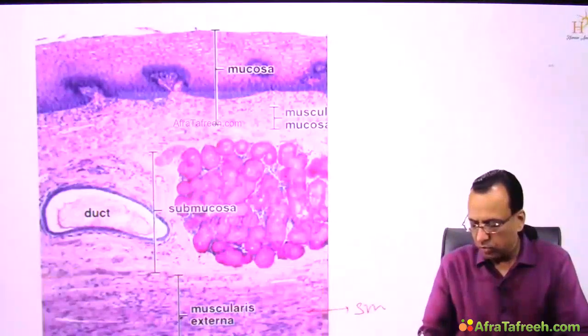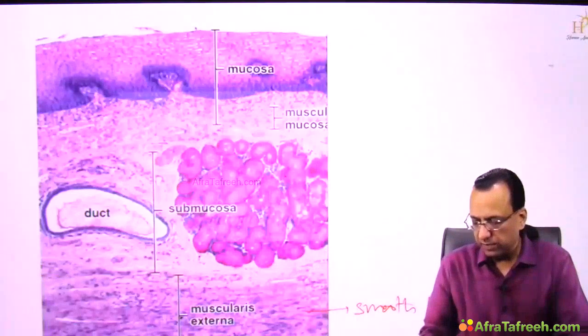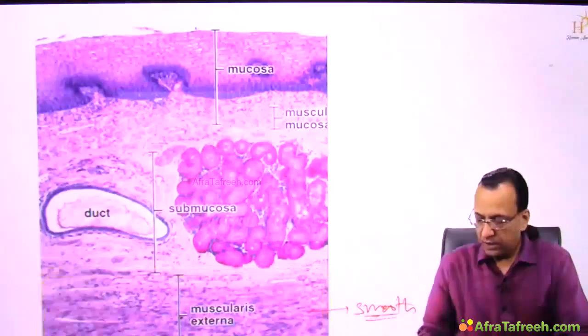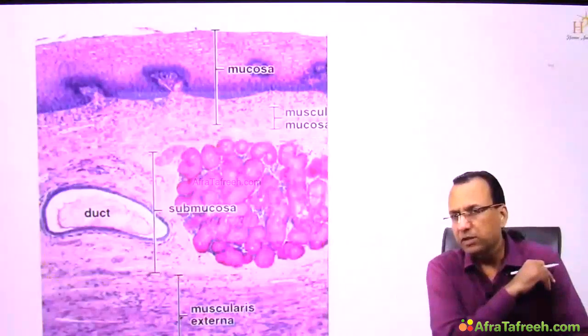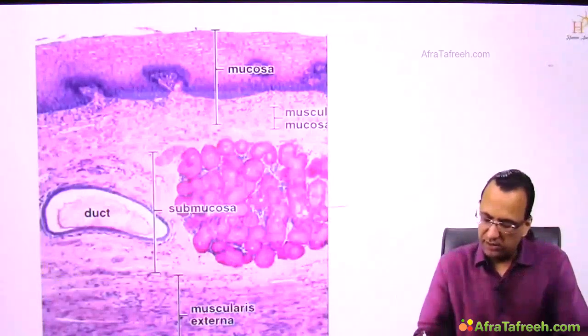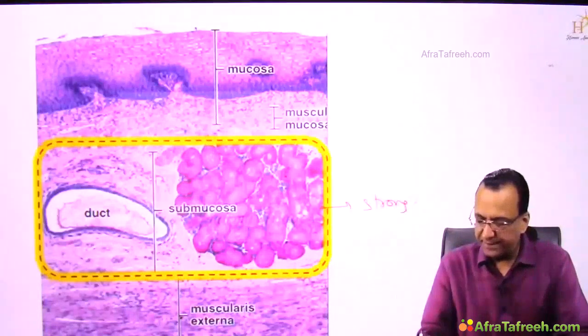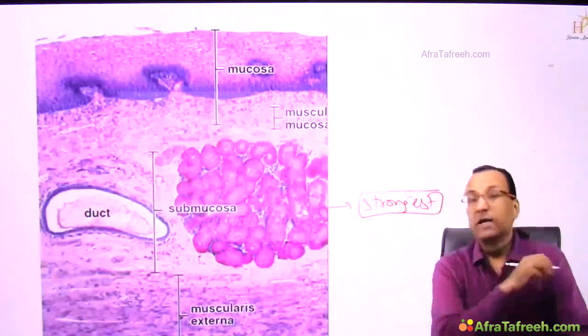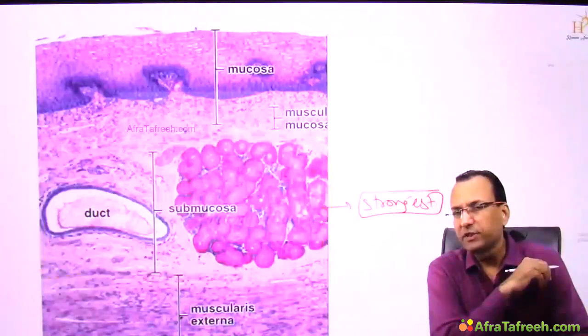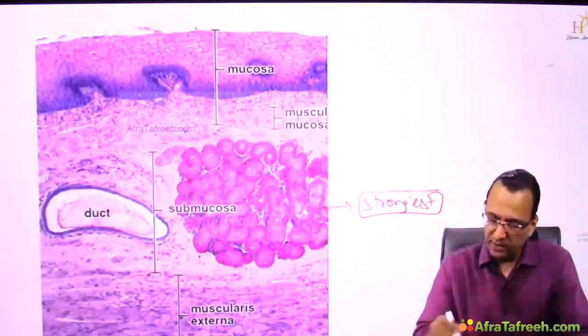Some smooth muscle cells will be there. Now remember, the submucosa is the strongest layer of the esophagus. And since it is the strongest layer of the esophagus, it is to be included in the sutures.